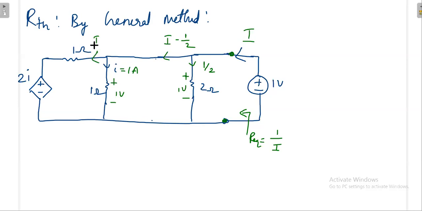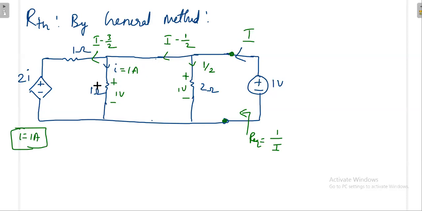That means this has to be I minus 1 by 2 minus 1, that is I minus 3 by 2. Now, you know all the currents, you apply KVL in any one of the loops, then you will get the answer.